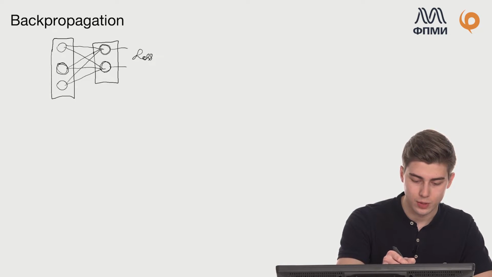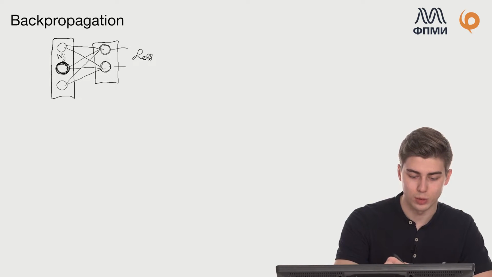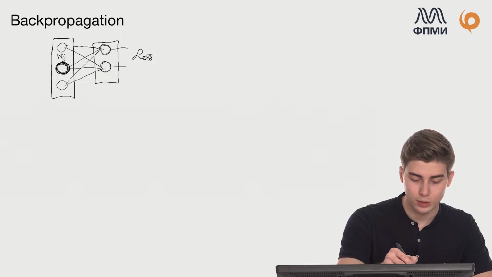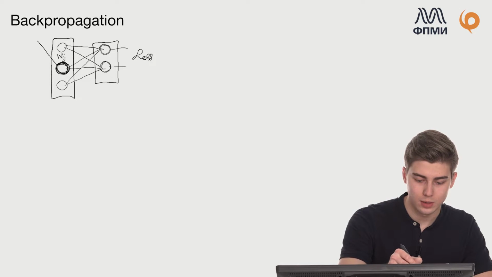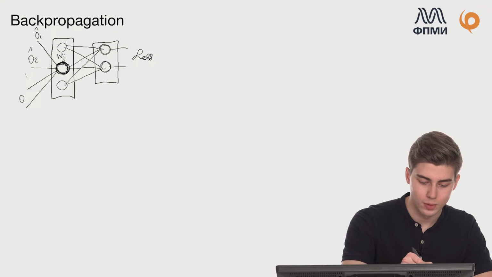We will consider the neuron of this layer, this neuron. Let the weights of this neuron be the w_ij vector. And from the previous layer we have the outputs O1, O2, ..., OM.